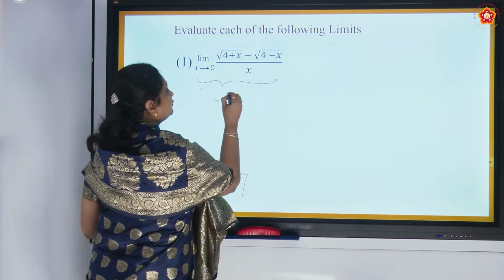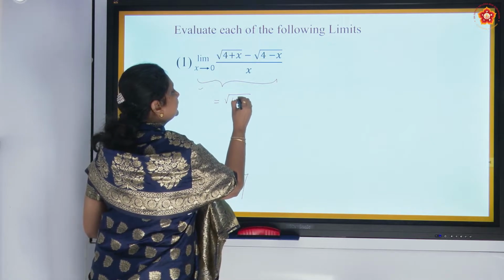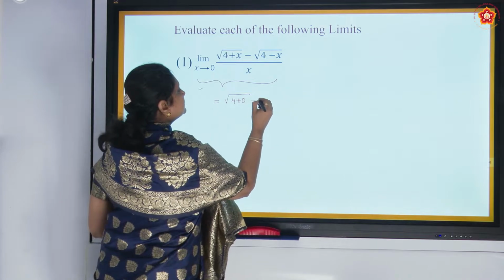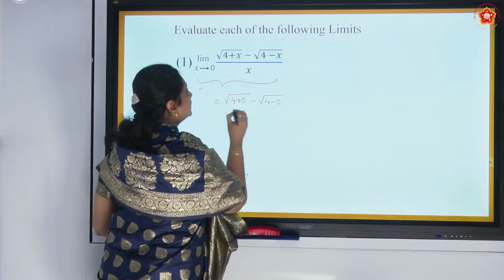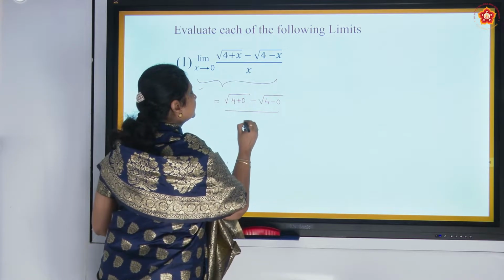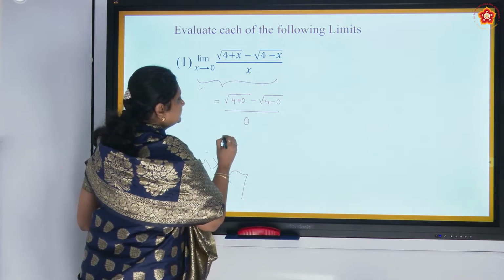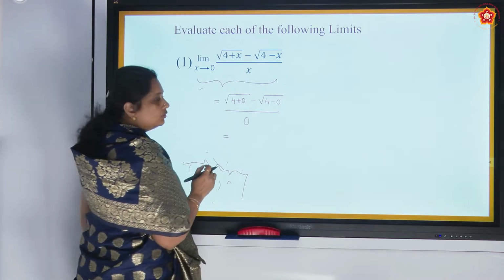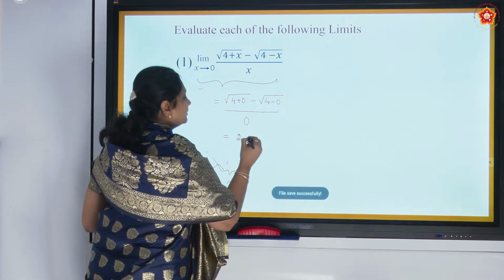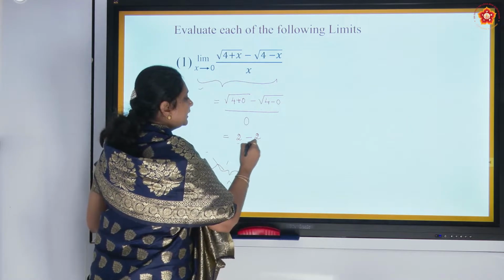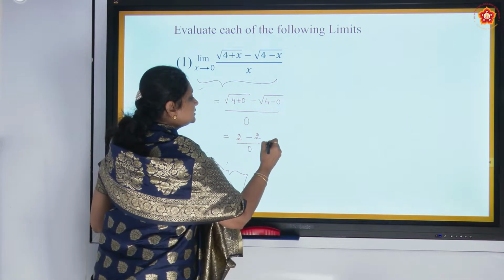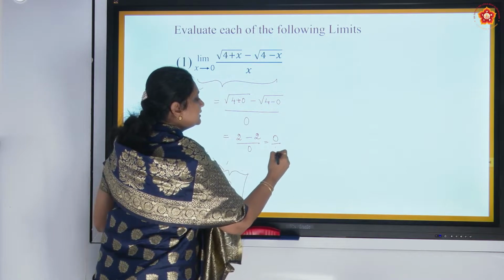I get root of 4 plus 0 minus root of 4 minus 0 divided by 0. So this becomes root 4, that's 2, minus root 4, that's also another 2, by 0.